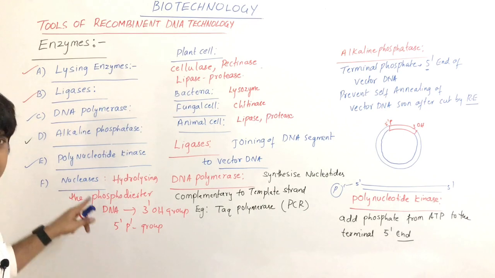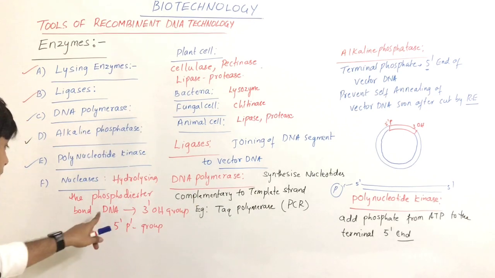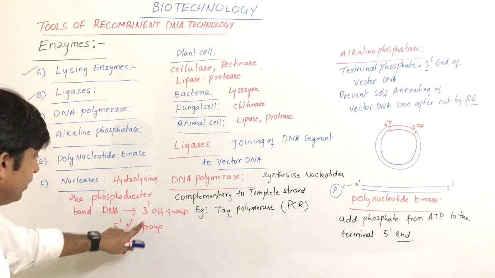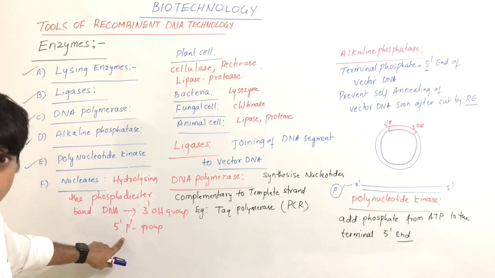So those are nucleases which break the phosphodiester bond, and they produce, in the particular DNA strand, a 3' OH and 5' phosphate group, right?